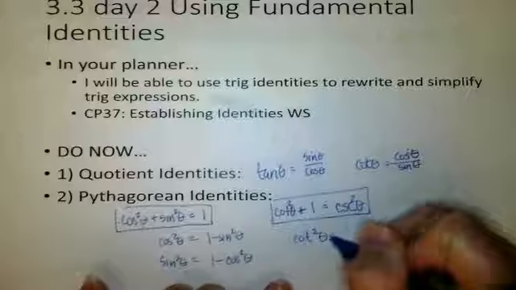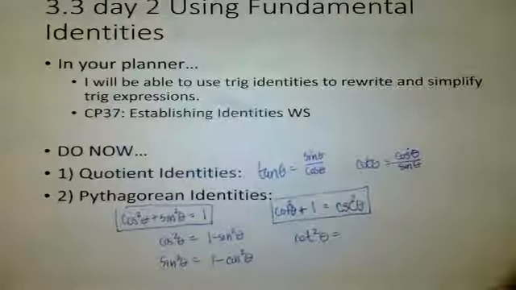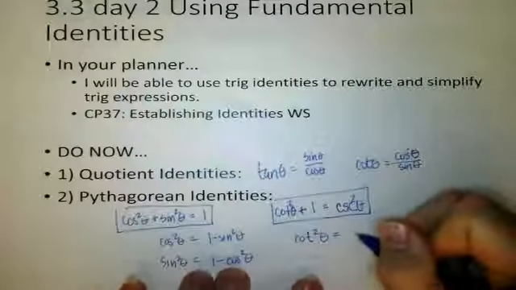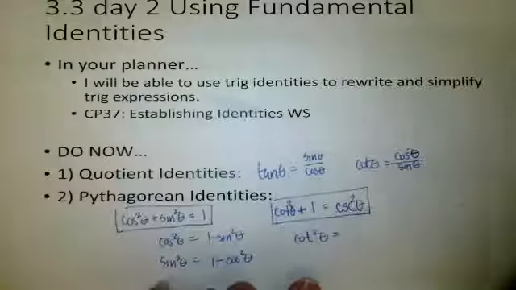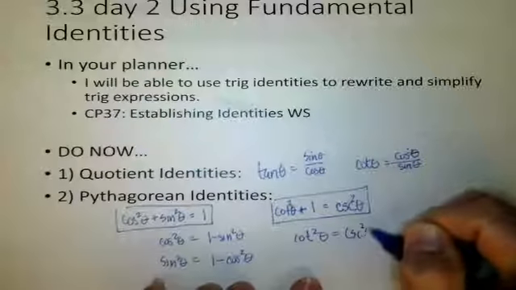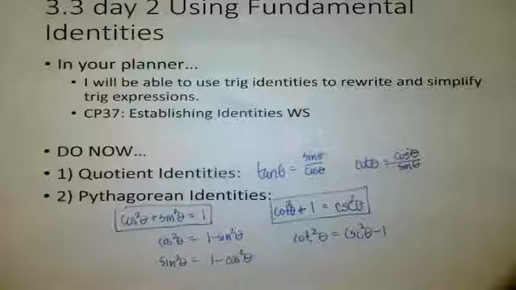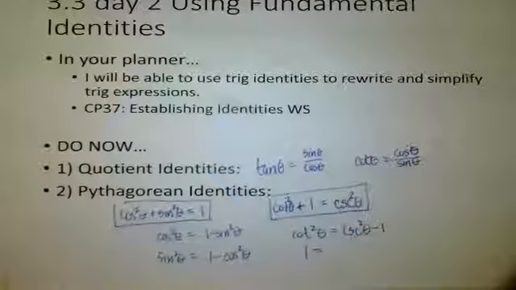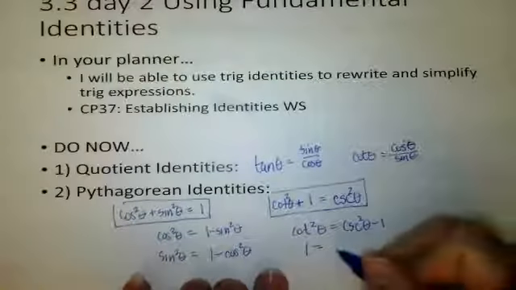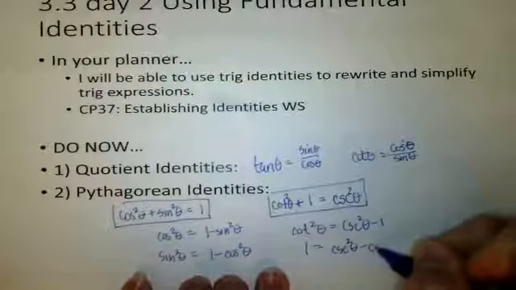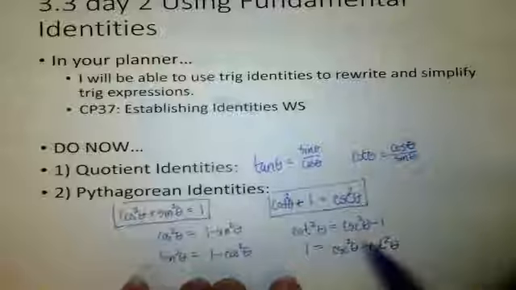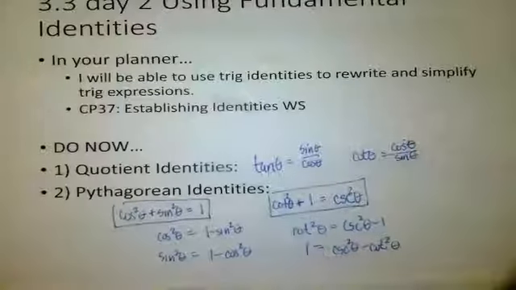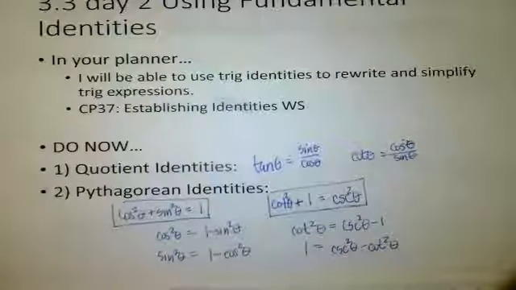So cotangent squared theta is equal to what? Cosecant squared theta minus 1. Good. What's 1 equal to? Cosecant squared minus cotangent squared. Good. So if you get the 1 by itself, you just have to subtract the cotangent to the other side.